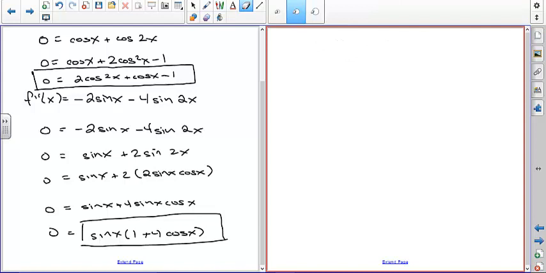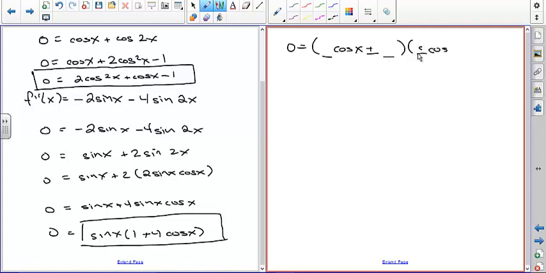You just have to figure out what the coefficients are. So you're going to have something times the cosine of x, plus or minus something, times something cosine of x, plus or minus something. So you have to figure out what that something is and whether it's plus or minus.